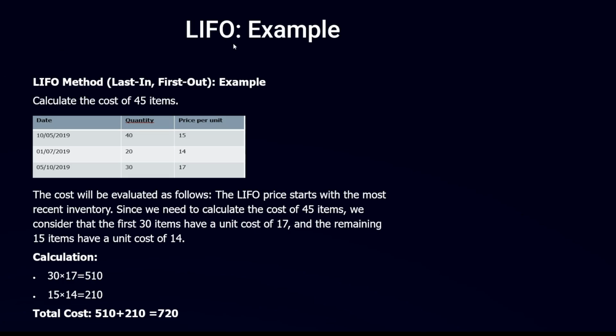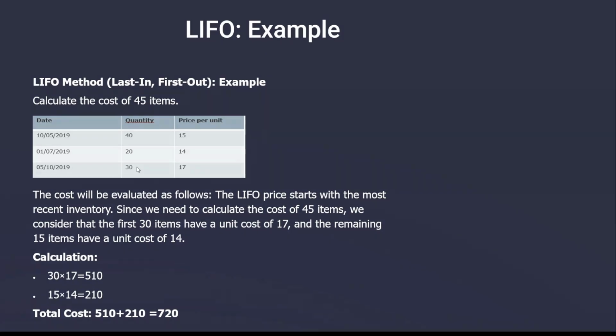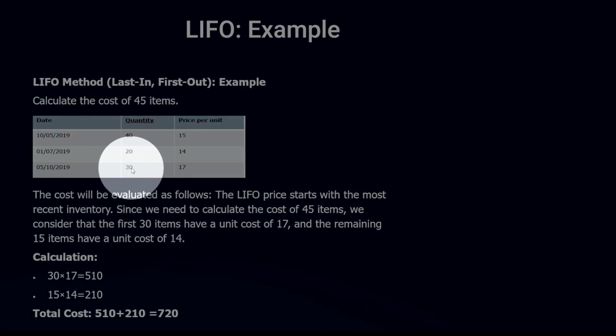We go directly to the example, the same example that we have seen before. In this case, we start by looking at the last items. Here we have 30 multiplied by 17. This is the cost that we calculate for the 30 items. Then we move to the second part.